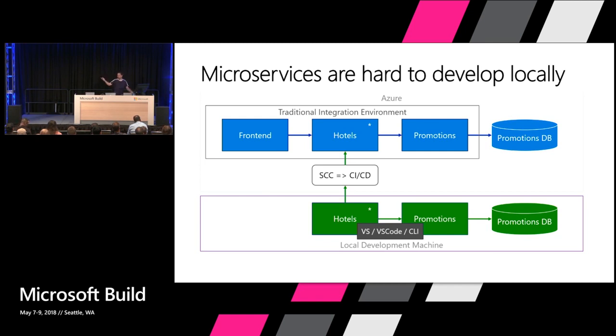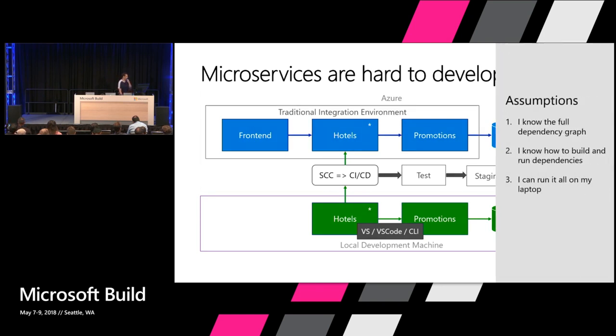There's probably even changes to promotions, other dependencies that I didn't sync to on my local machine, but now is over there. And that's where we start seeing some of the end-to-end integration issues. And then, if things look okay in that integration environment, you start moving to other pre-prod environments and finally to production.